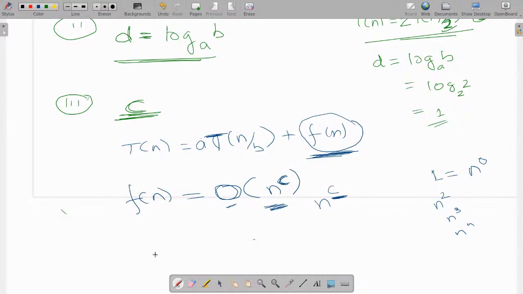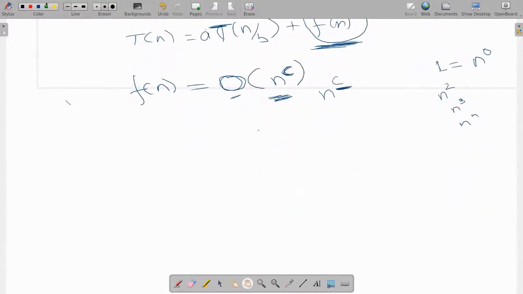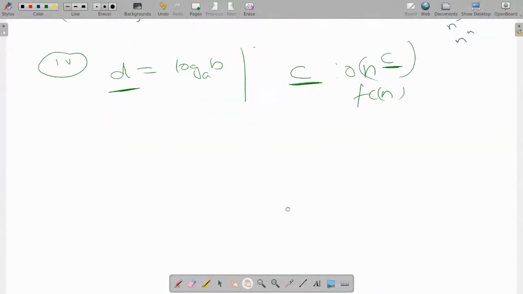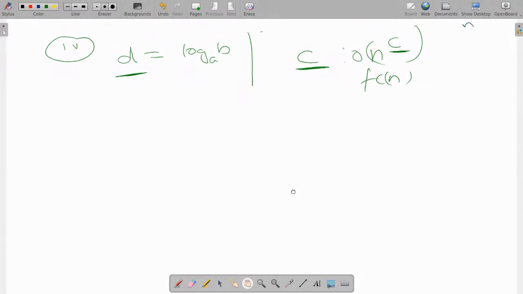The fourth step involved is: we have our d from log b base a, and we have our c from the function. Now, if we have this c and we have this d, we look at the relation between these two.